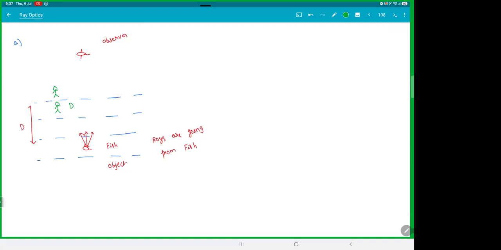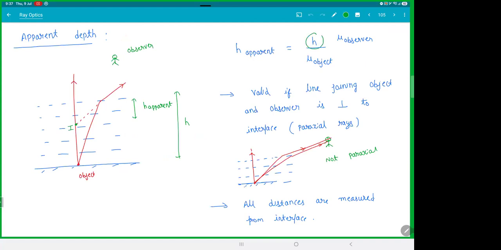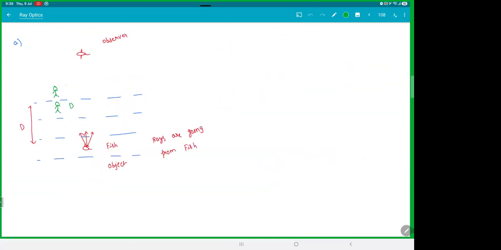The moment you put your head outside, this person will use this formula and say, okay, this is D, the object is inside the water, this is mu, the observer is inside the air, so that is 1. So he will say the fish is at D by mu.